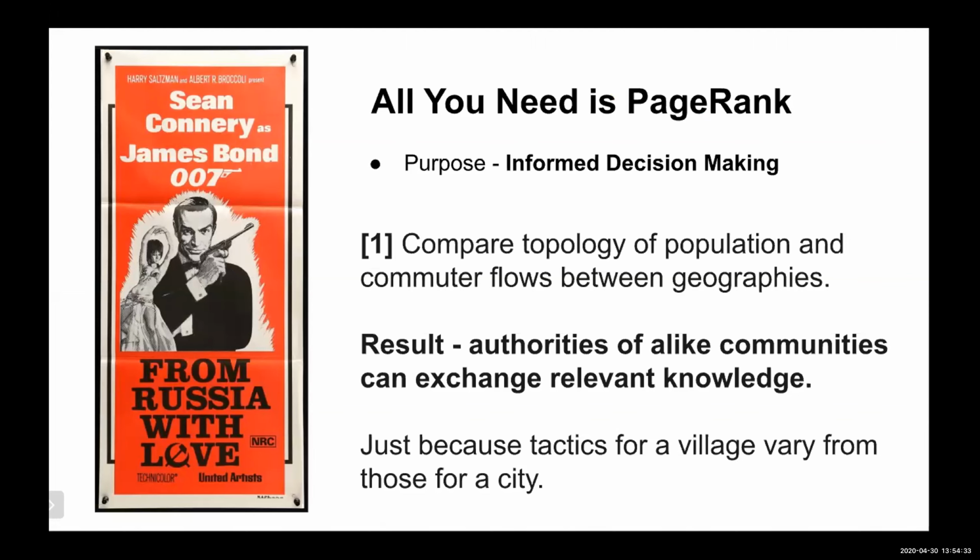So here we arrive at the first point of our journey. We want to improve decision making, and in order to do so, we have to combine embeddings for cities and not only find structural roles, but we want to compare structures of regions so that authorities of alike communities could exchange relevant knowledge because tactics vary.